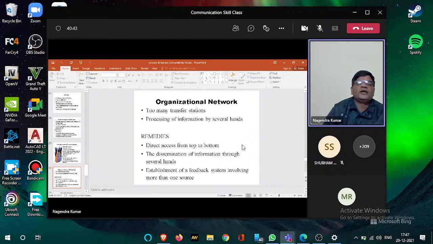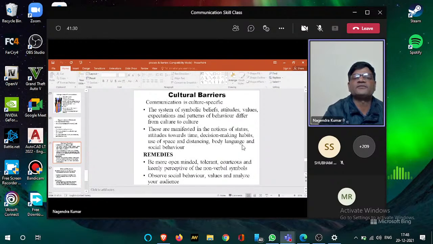You simply tell them that there is water leakage, or that there is some civil repair work or something, and they will note it down and pass it on to the relevant section, and then they will come and mend it. So I believe our organization also realized that the communication is not proper, and that is why they developed this centralized complaint system. So this is one example of how this organizational barrier may be taken care of.